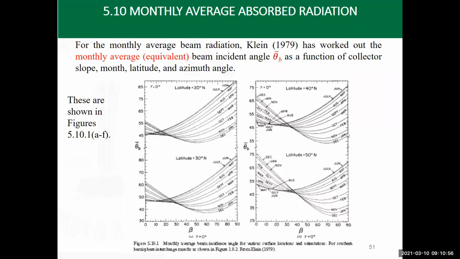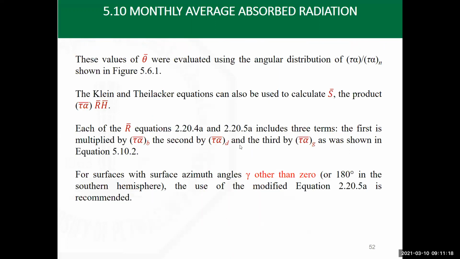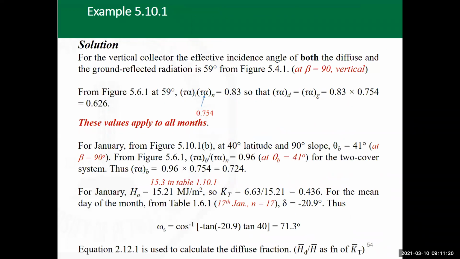For January, this is the value here. The angle is somewhere between 35 and 45; if you enlarge this figure and make a horizontal line from the point where January meets the second y-axis for 90 degrees, you get theta average B, the beam component, which is given as 41 degrees.